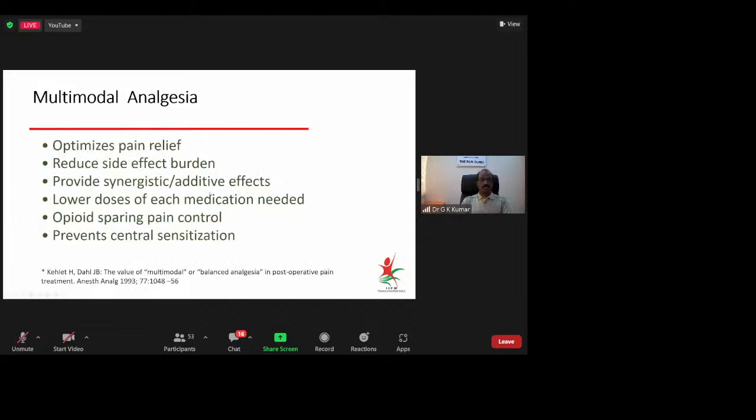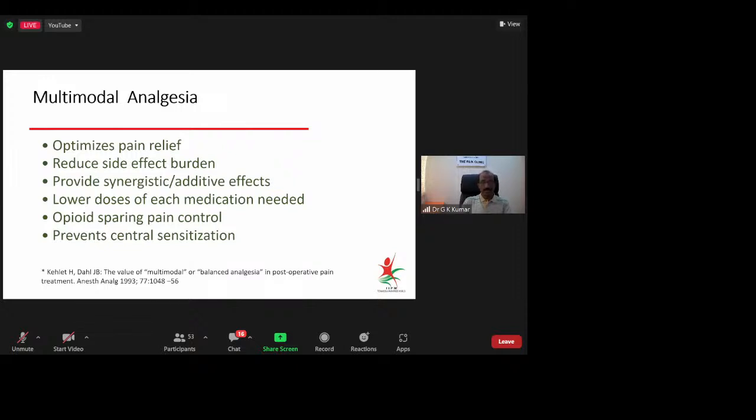So what are the uses of multimodal analgesia? What are the advantages? Why is it needed? Of course, it optimizes pain relief and reduces the side effect burden, because each drug has side effects. Sometimes it will reduce or prevent the need to use a particular drug, and it provides synergistic and additive effects.